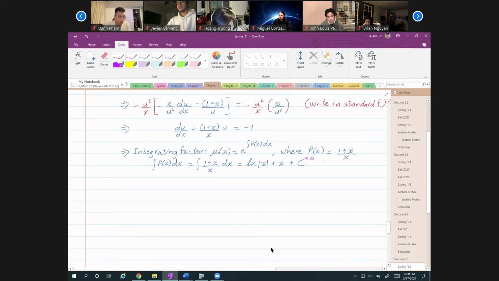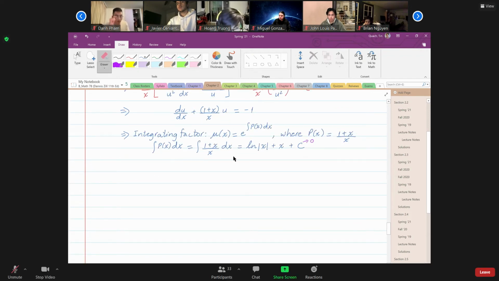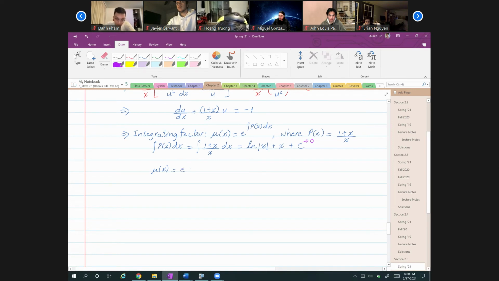So mu of x is e raised to the integral of p of x, which is ln of the absolute value of x plus x, which is e to the ln of the absolute value of x times e to the x, which is the absolute value of x times e to the x.